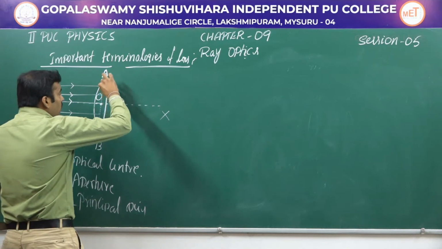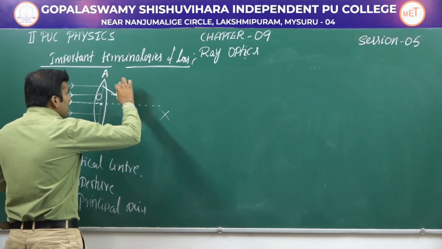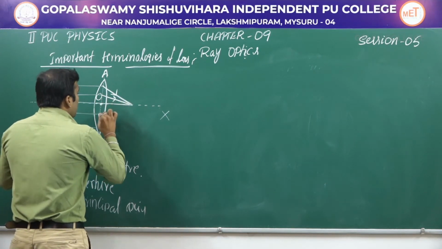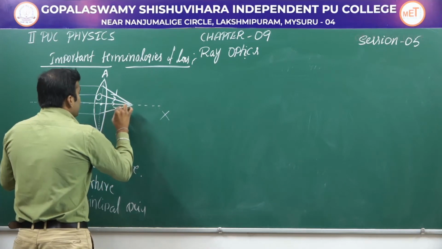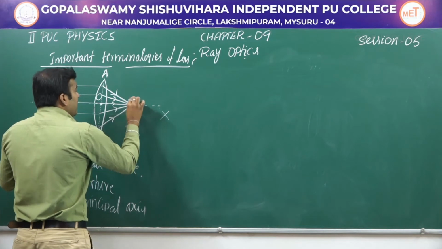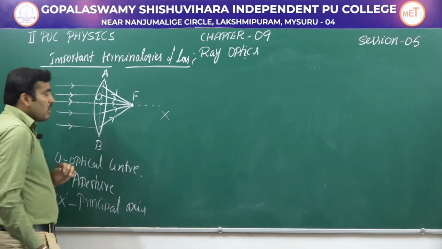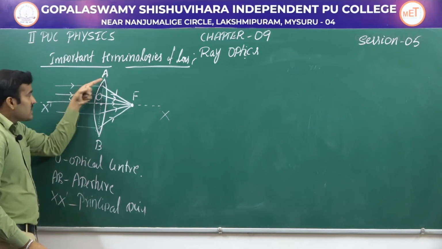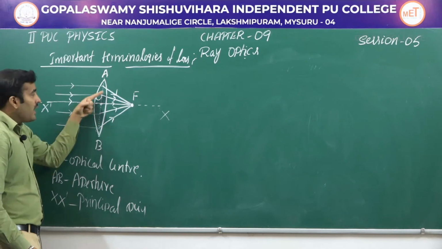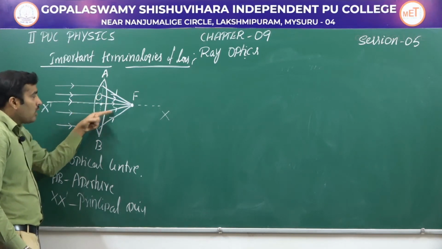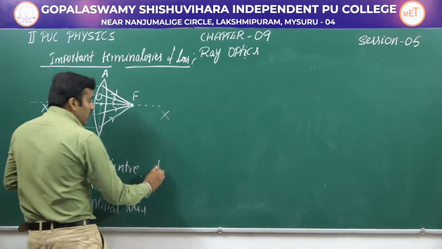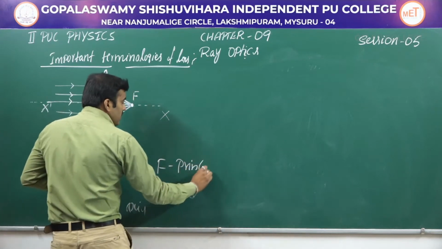So if you draw the refracted rays like this, all the refracted rays are joining at one common point, and let me name this as F. So all these refracted rays are joining at the common point F, and this point F is called principal focus.